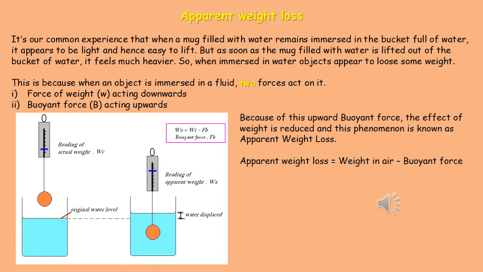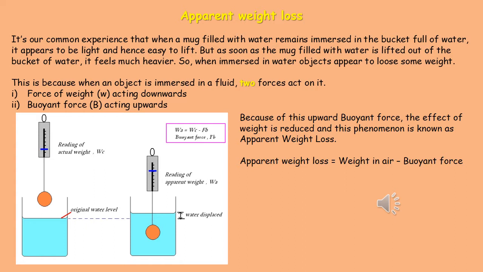This is because when an object is immersed in a fluid, there are two forces acting on it. What are the two forces? One is the force of weight, which is acting in the downward direction towards the center of the earth. And the second force is the buoyant force, which is acting in the upward direction due to the displaced fluid.